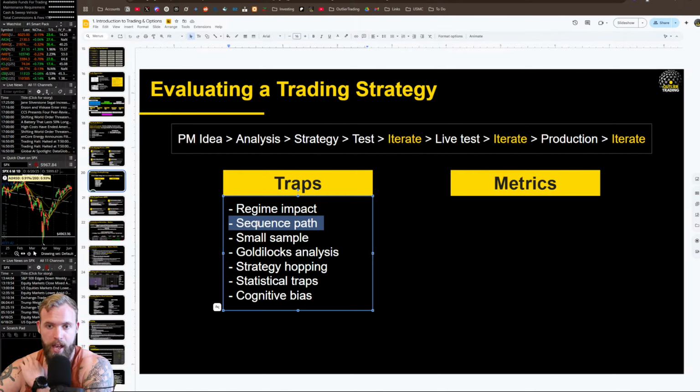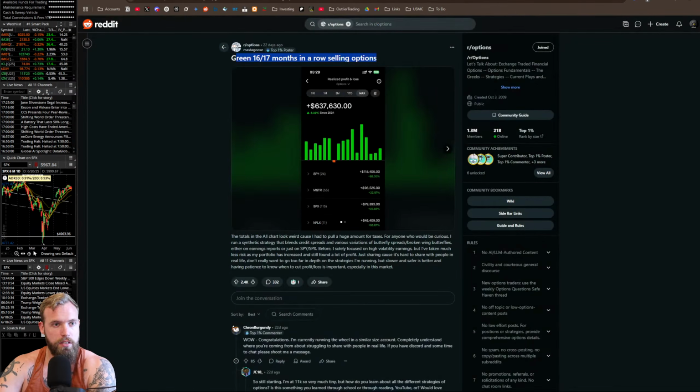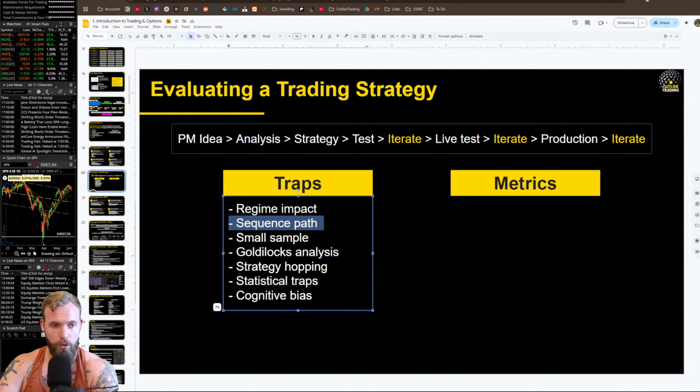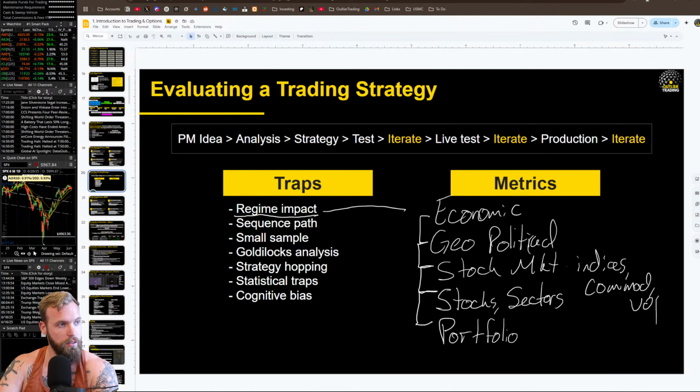Who's familiar with path? This is path. Path is super confusing. Path can lead people into such a false sense of security that eventually causes them massive problems with their trading approach. And I'll show you exactly how this typically goes with respect to path.